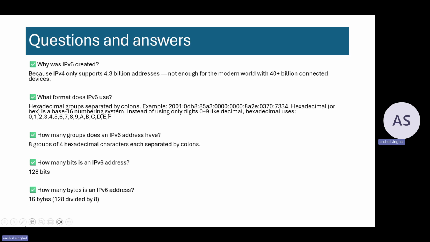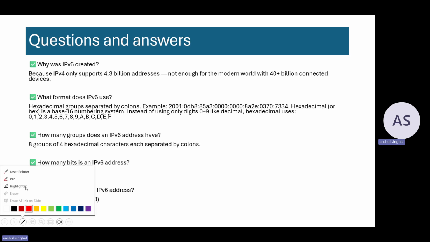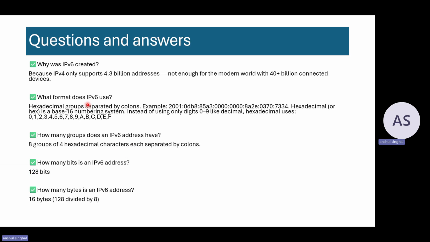So the first one is, let me just open this one. Okay. So the first one is, why was IPv6 created? So in short, IPv4 only supports 4.3 billion addresses, which is based on our IPv4 address range.